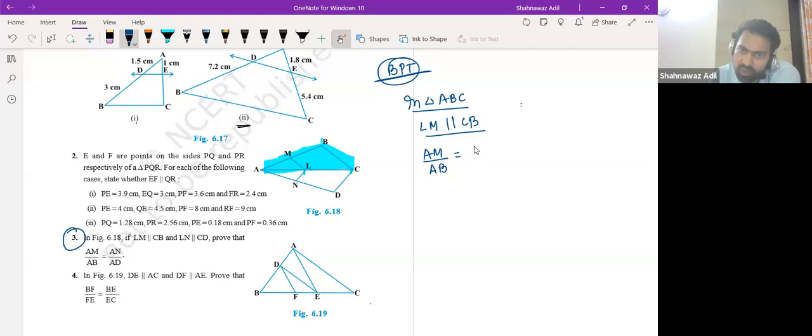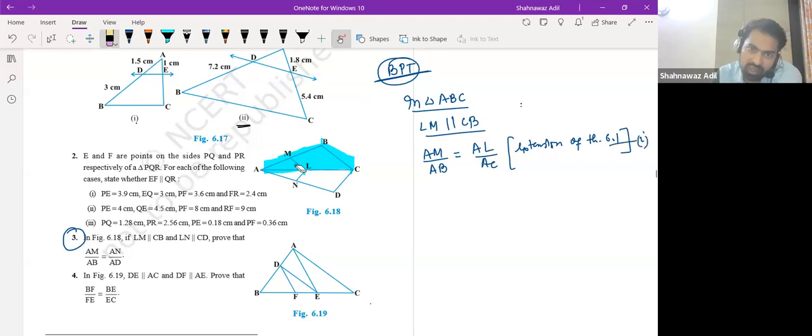This would be equal to AL by AC, right? Extension of theorem 6.1. Good. So this is, let's say, one.